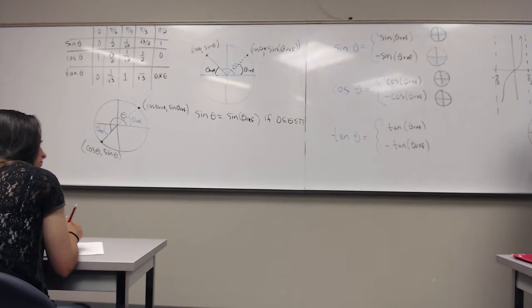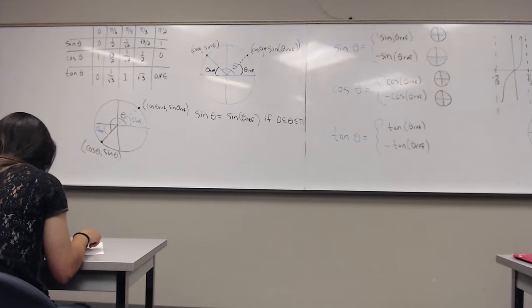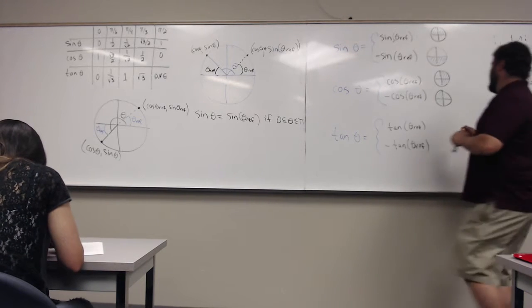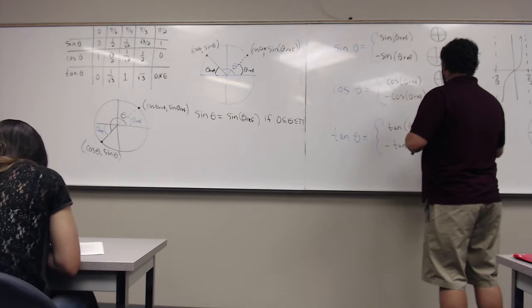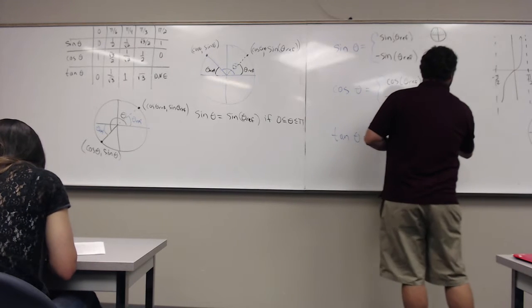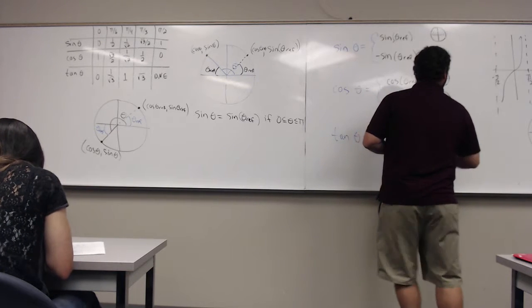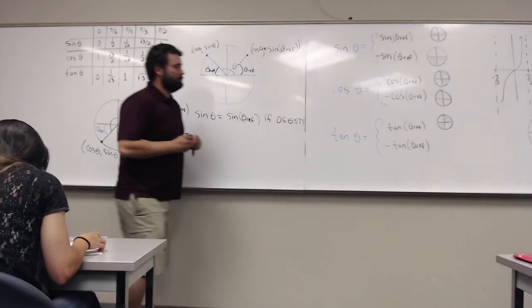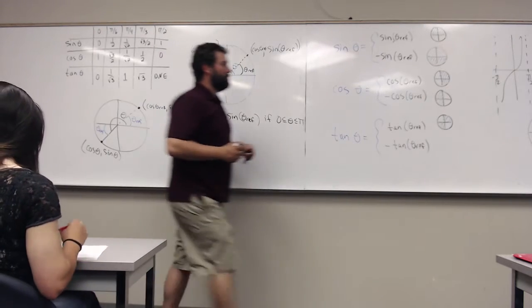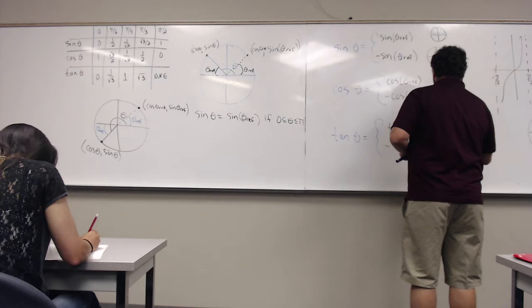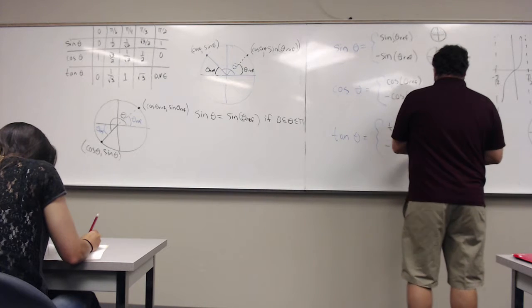So sorry, tangent of an angle theta will be tangent of the reference angle wherever tangent is positive. So what I should have here is my little picture if I'm either in the first or the third quadrant. And then it's going to be minus tangent of the reference angle if you're in the second or fourth.